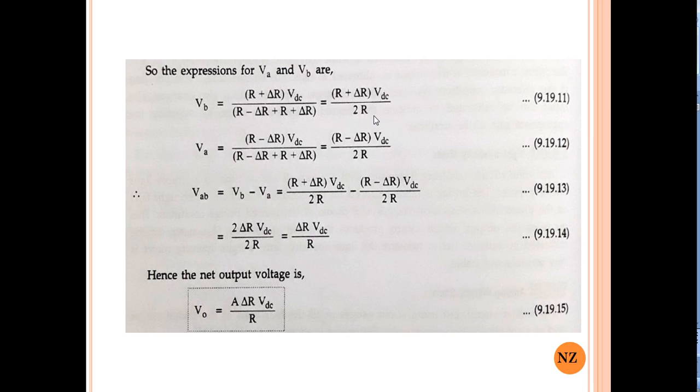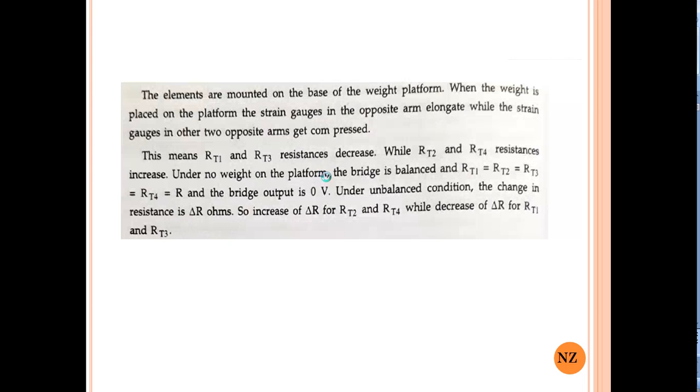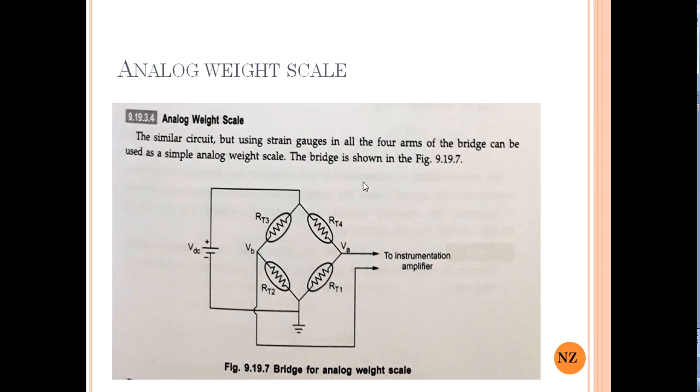Now similarly, we can calculate the value of VA, again by applying the voltage divider rule. We know RT1 is decreasing, correct? So the value of resistance here will be R minus delta R, and we know RT4 is increasing. So here it will be R plus delta R. So what is the value of VA?